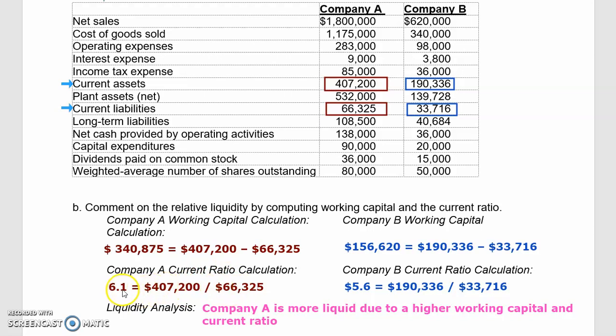So a higher number is better for the current ratio. So overall, company A has better liquidity compared to company B due to a higher working capital and a higher current ratio.